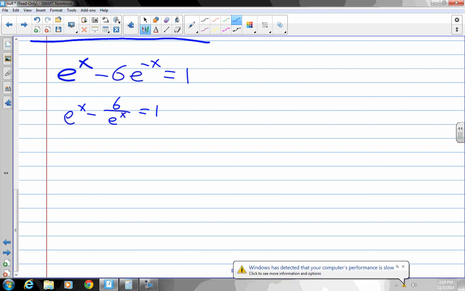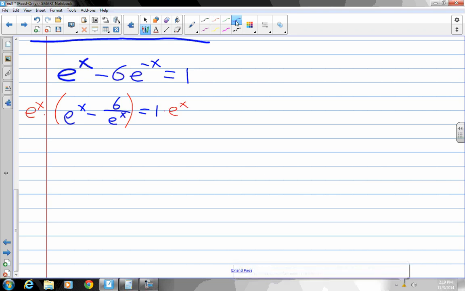Which is, in this case, e to the x. What do you want to do with that? So the LCD is e to the x. The wisest thing that you can do is multiply both sides by e to the x. You want to multiply both sides of the equation by the least common denominator to get rid of all denominators, right? This is what we did a few times already when we dealt with rational equations, and linear equations that had fractions.